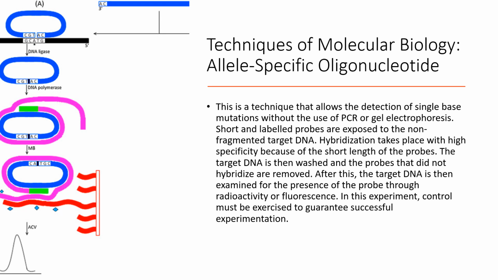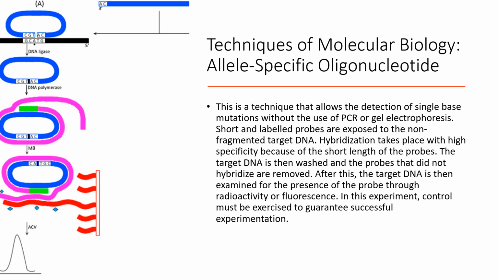The next technique that we will consider is allele-specific oligonucleotide. This is a technique that allows the detection of single base mutations without the use of PCR or gel electrophoresis. Short and labeled probes are exposed to non-fragmented target DNA. Hybridization takes place with high specificity because of the short length of the probes.